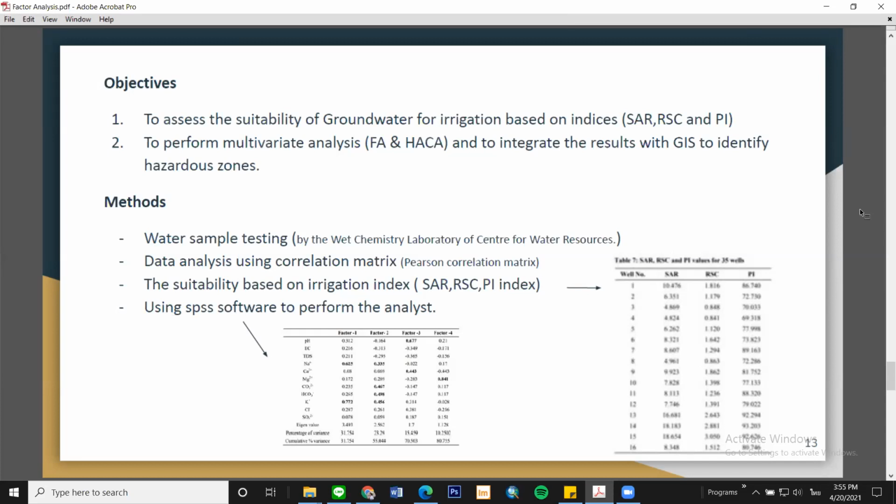After that, you can use the result of the table to run in SPSS software, and you will get the result on the right side table. That is the factor output.